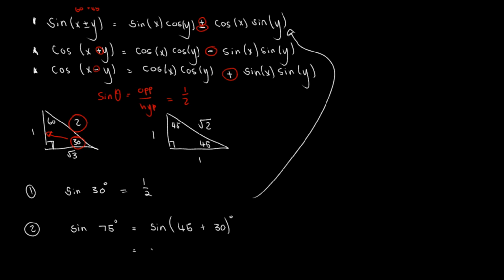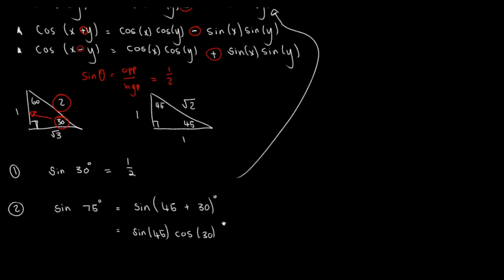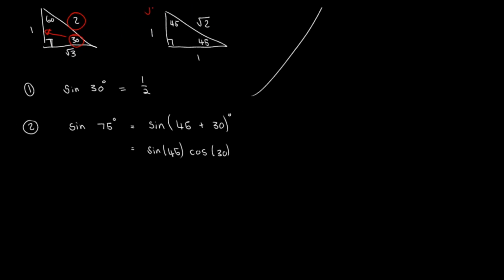So let's do it. We're going to say the sine of 45 multiplied by the cosine of 30, plus the cosine of 45 multiplied by the sine of 30.